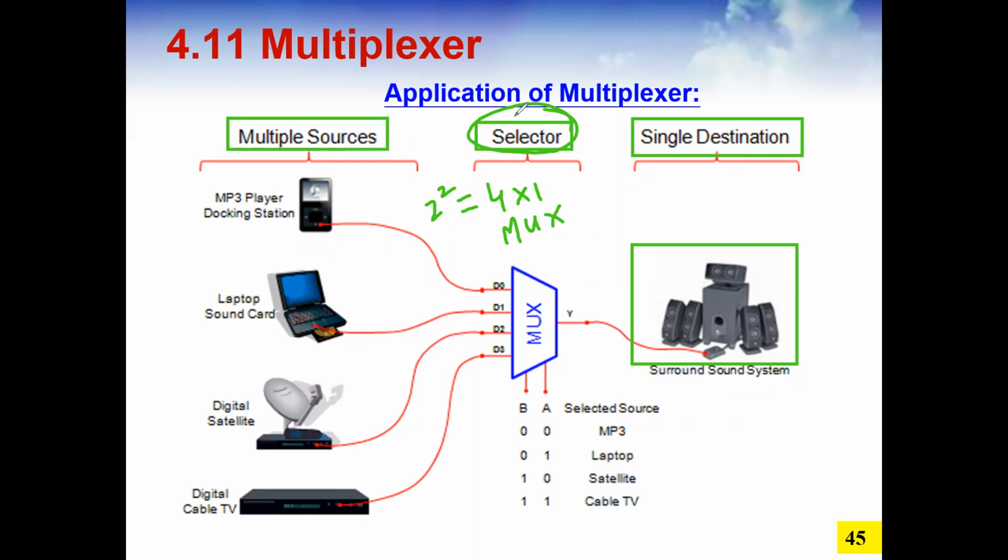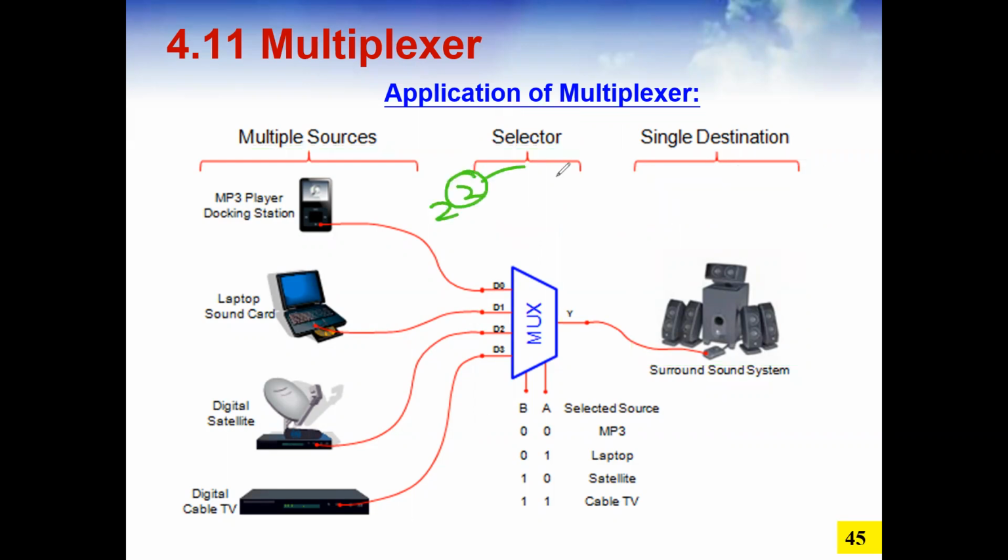And what is a selector? If inputs are 4, what is this value? The general configuration for the multiplexer is 2's power n cross 1, and here n represents the selection lines. Since I said 2's power 2, how many selection lines will there be? The inputs will be 4, but the selection lines will be 2.